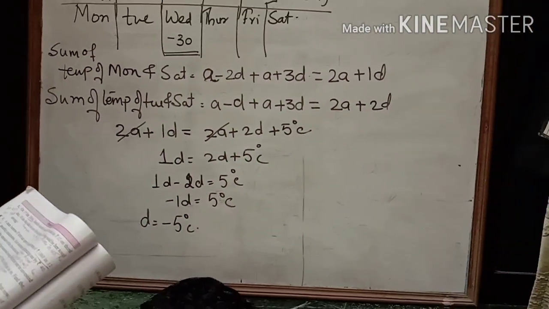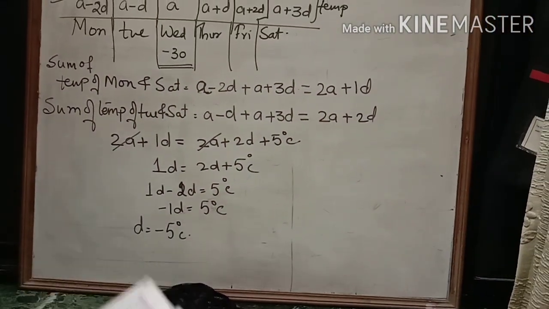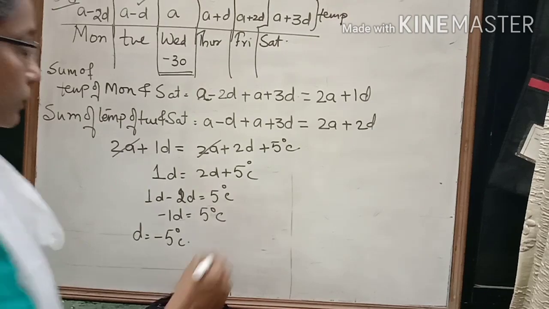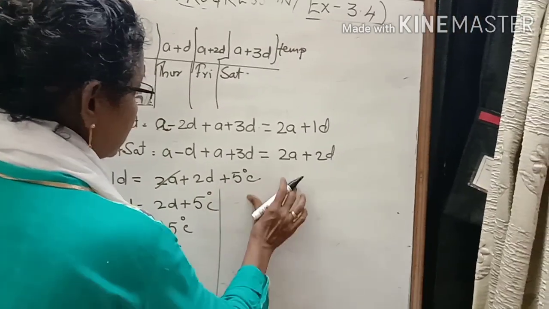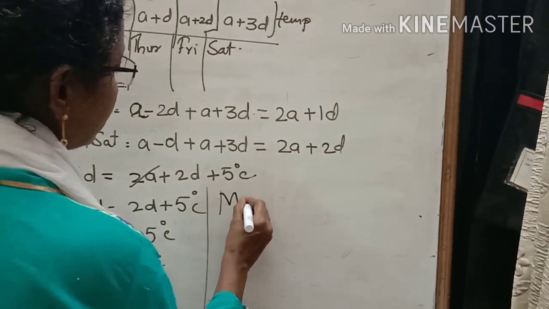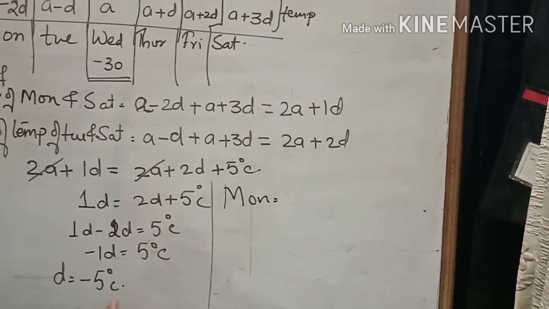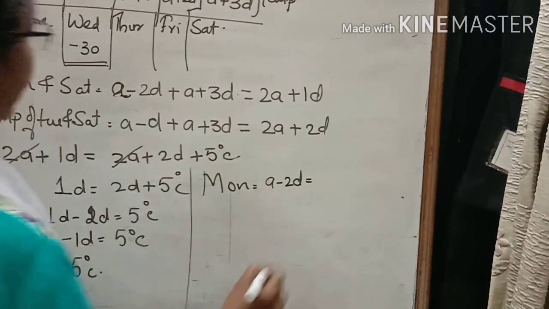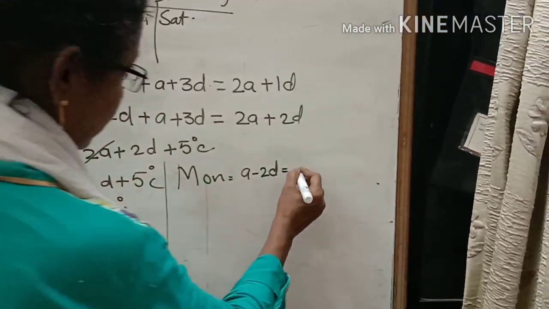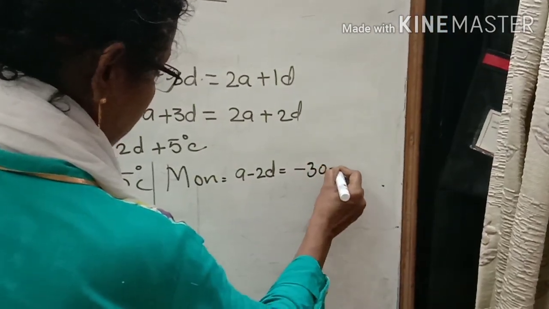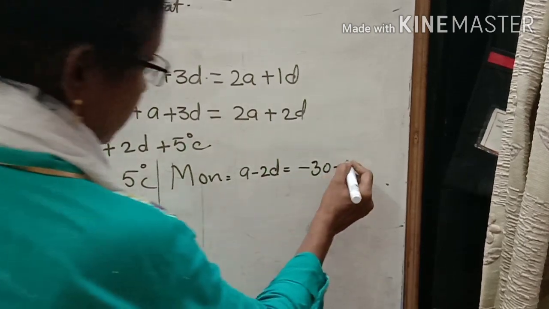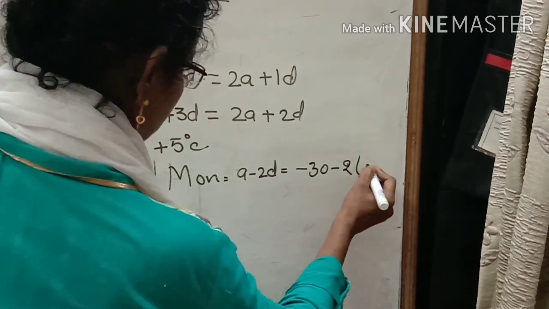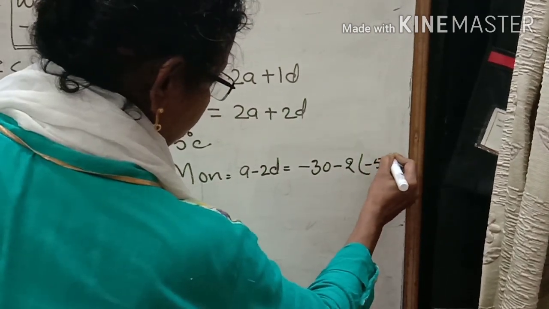So now we have to find the temperature of the other 5 days. So we'll find it here. Monday, a minus 2d. That is, a is already minus 30, minus 2 into minus 5.